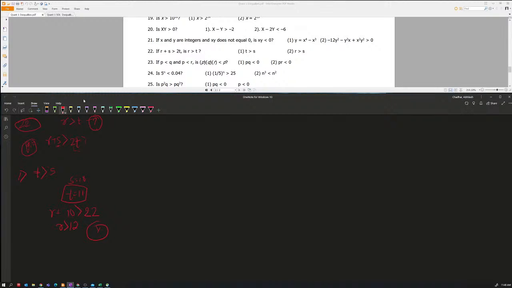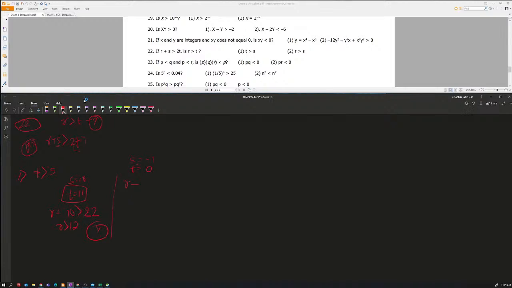Now let's take another example where these values are small. Let's take a negative value. Let's take s as -1, and we know t is greater than s is given, so let's take t equal to 0.